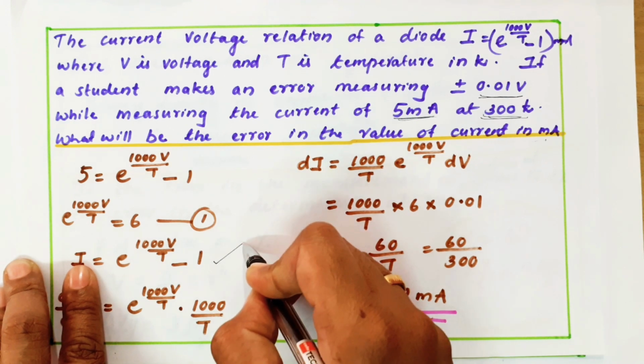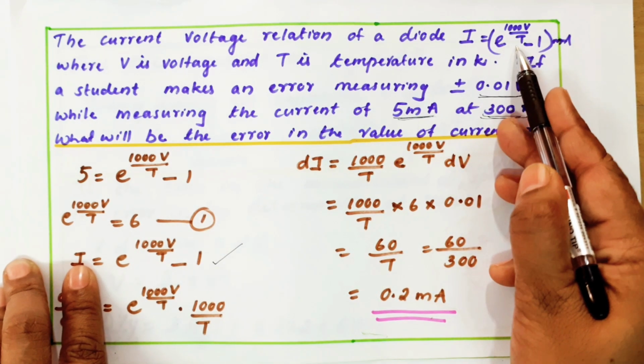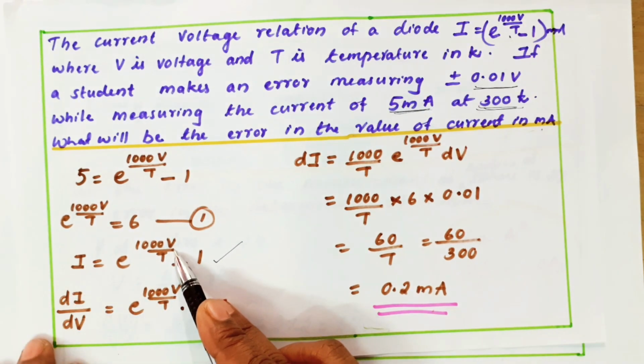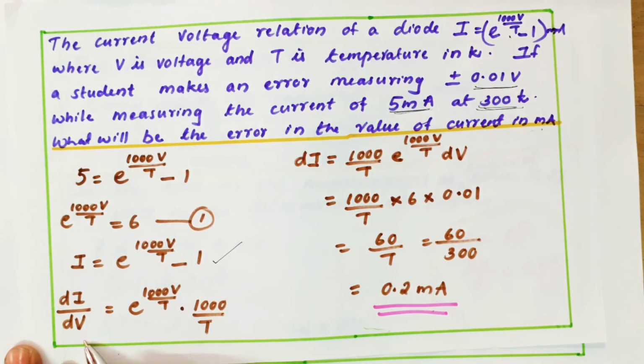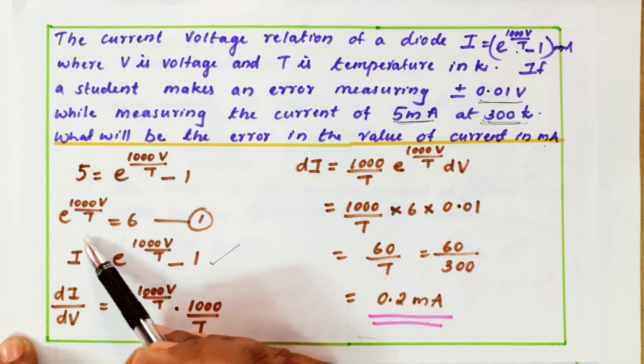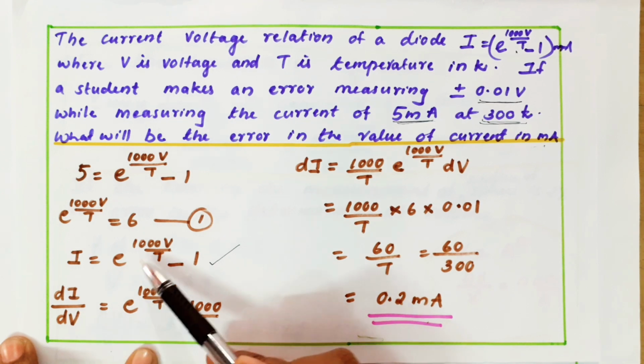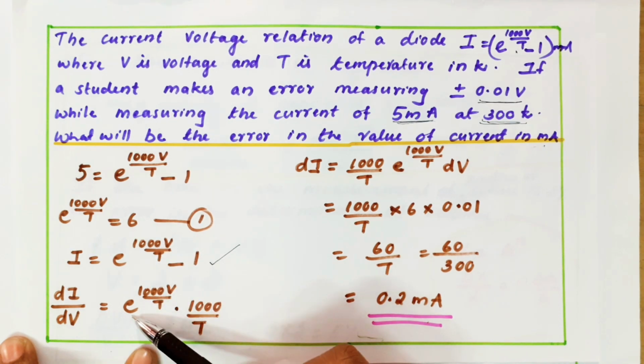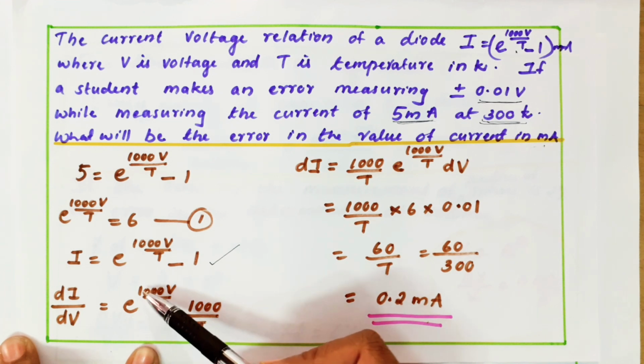This is the given equation. If you want the error, you can differentiate I with respect to V, that is dI by dV, the variation of current with respect to voltage. Differentiating e to the power of 2x gives e to the power of 2x into 2.